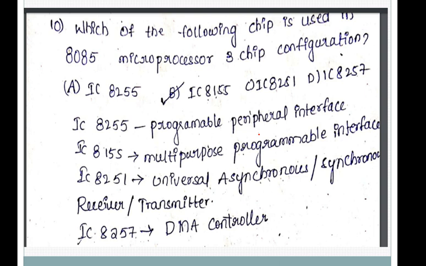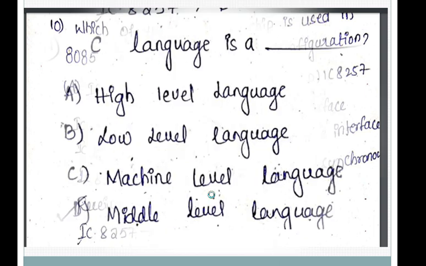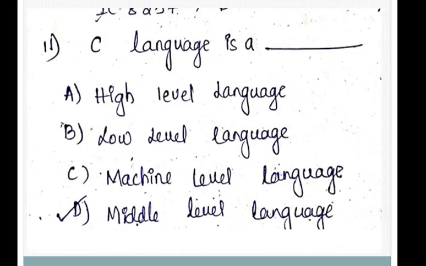So, 8155 is multi-purpose programmable, 8255 is the programmable peripheral interface, 8251 is the USART, and 8257 is the DMA controller.